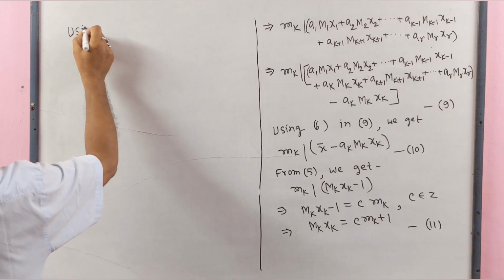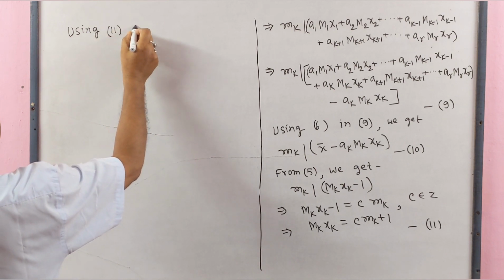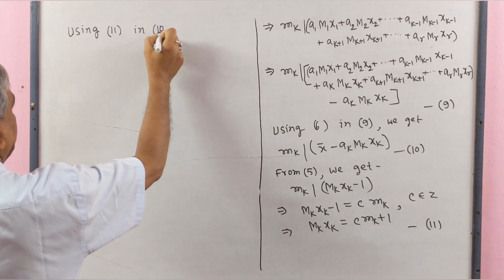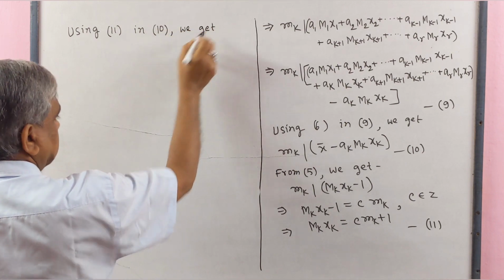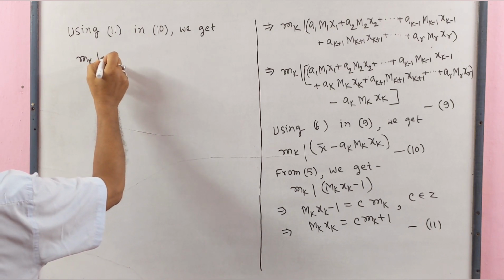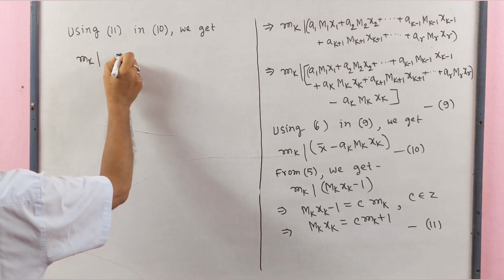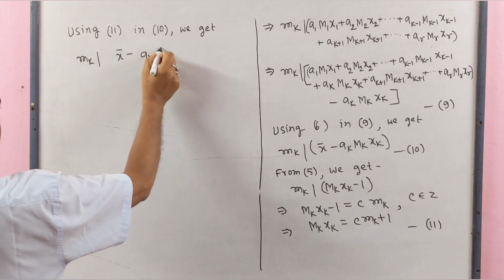Using 11 in 10 we get mk divides x bar minus ak.